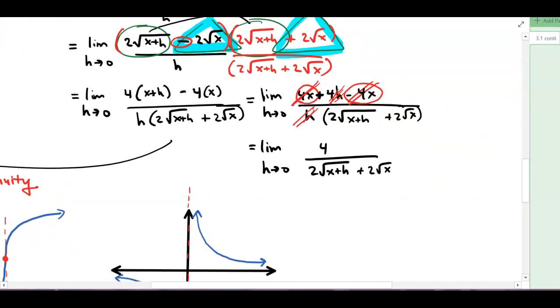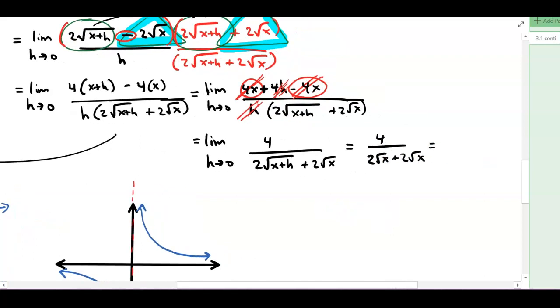Wherever you see an h, plug in a 0. And you have 2 rad x plus 2 rad x, which means there's 4 rad x on the denominator. The 4's could cancel, and you get 1 over radical x. So what does that mean? That's your derivative.